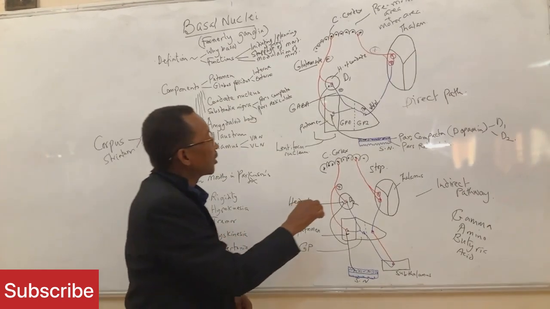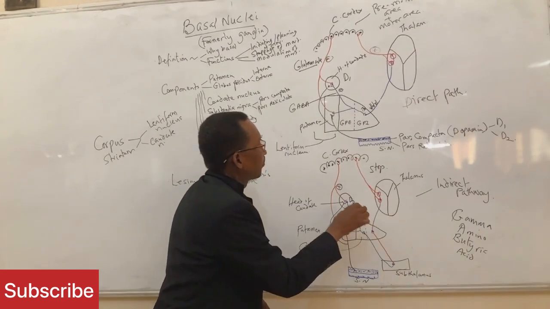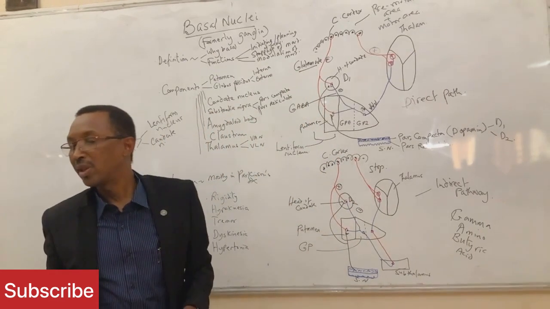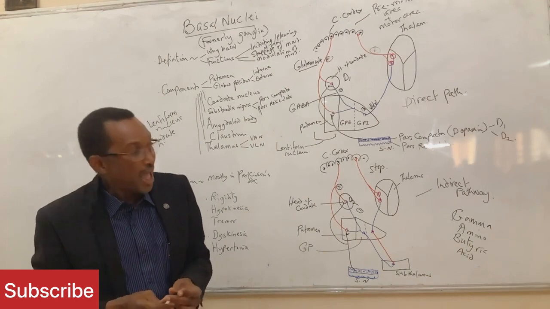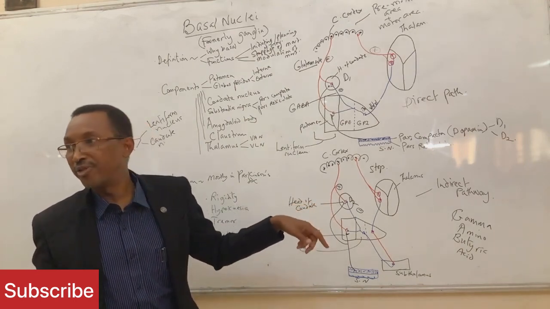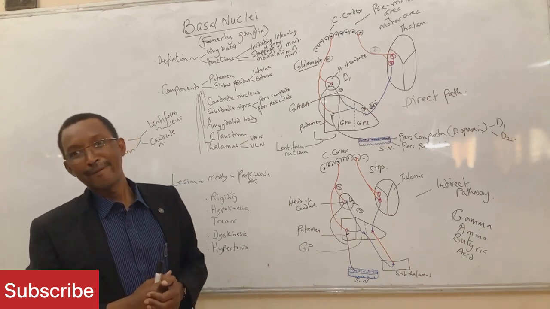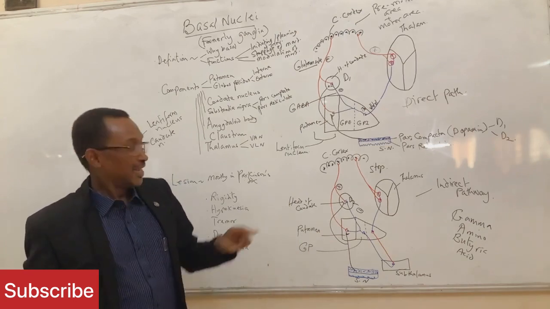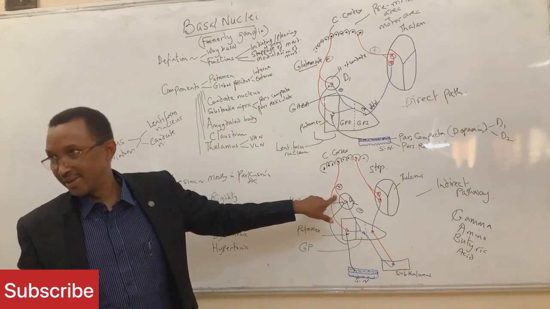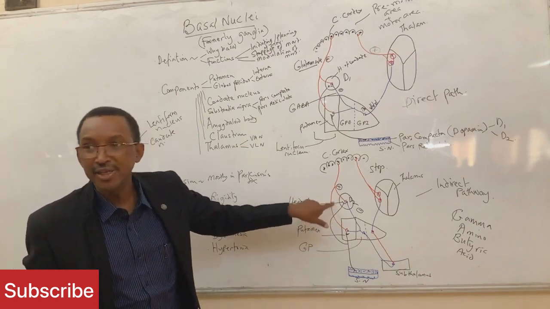Here, this connection is inhibitory, unlike the other one. Are you clear? So now, look at it from the law of physics. You have positive and negative, what happens? If this one initially was stimulating, now this one comes, is inhibiting.